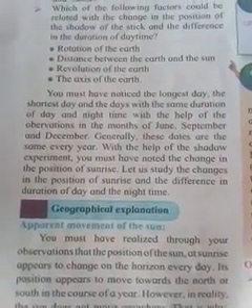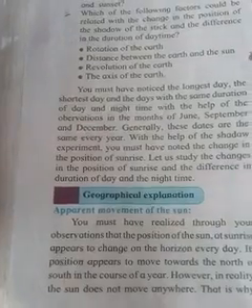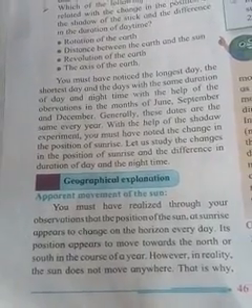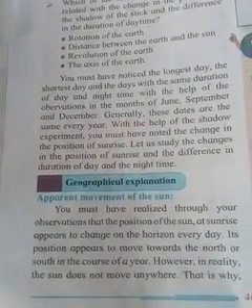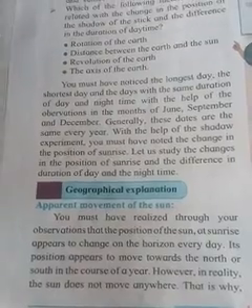Based on this observation, you realized that the sunrise appears to change on the horizon every day. Its position appears to move toward the north and south in the course of the year. However, in reality the sun does not move anywhere.